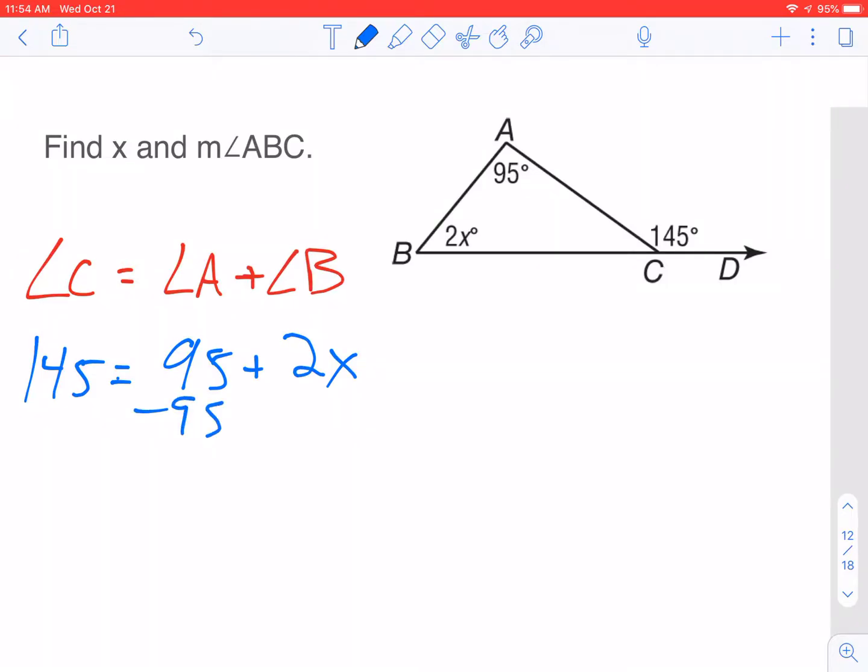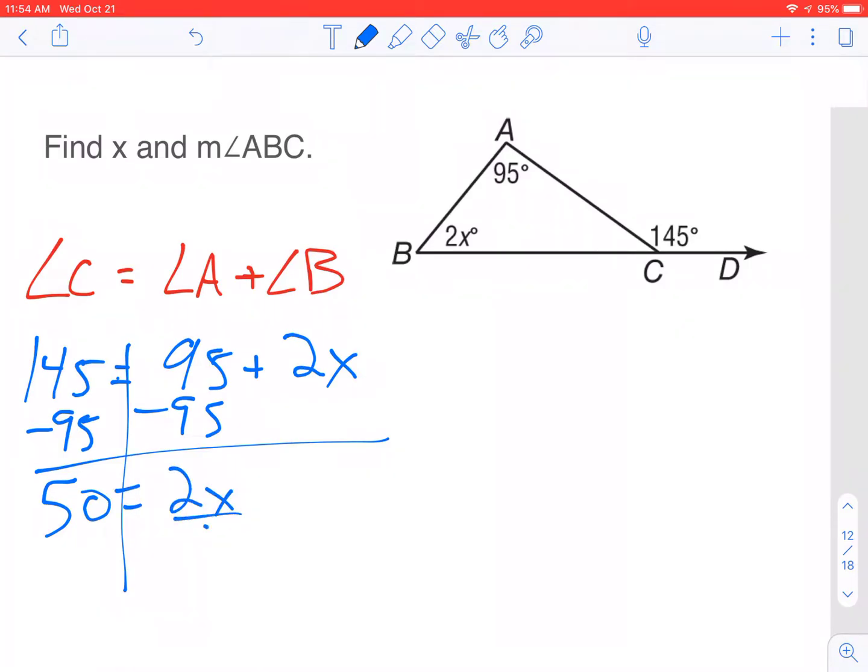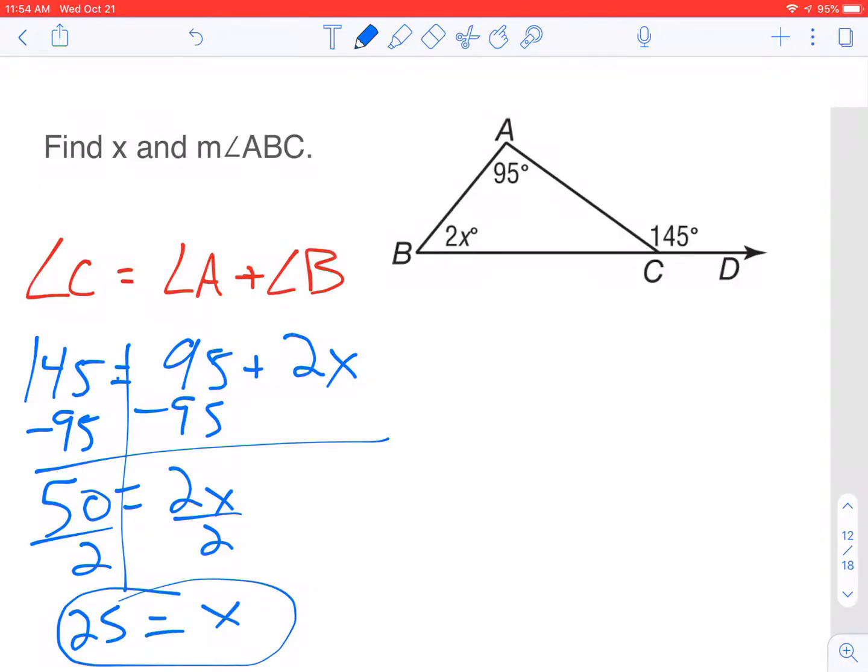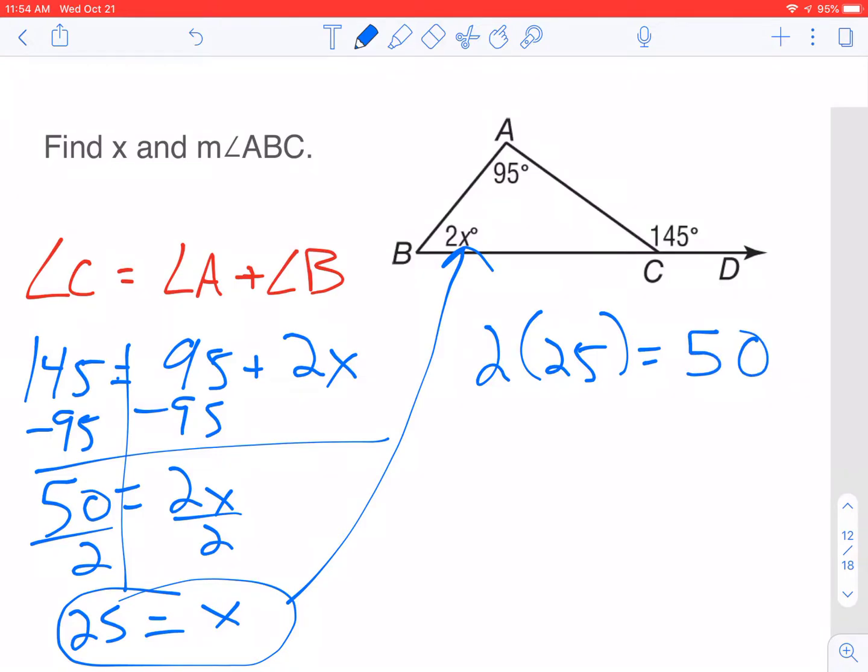I'm going to subtract 95 from both sides. 145 minus 95 is 50, equals 2x. Divide both sides by 2. X equals 25. And then I need to plug that back in there. So 2 times 25 equals 50. So my answers would be 25 and 50.